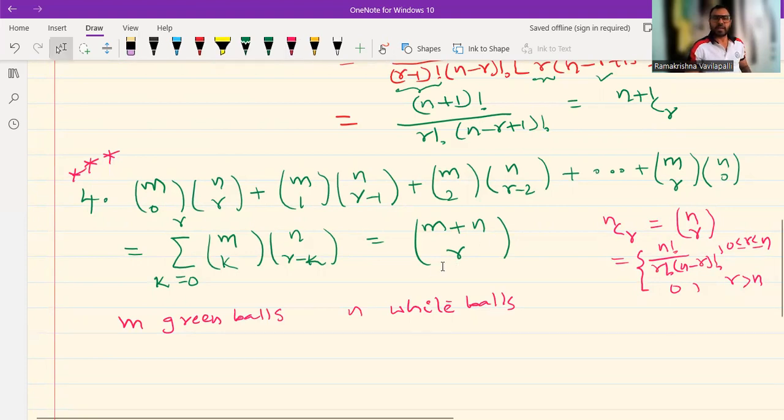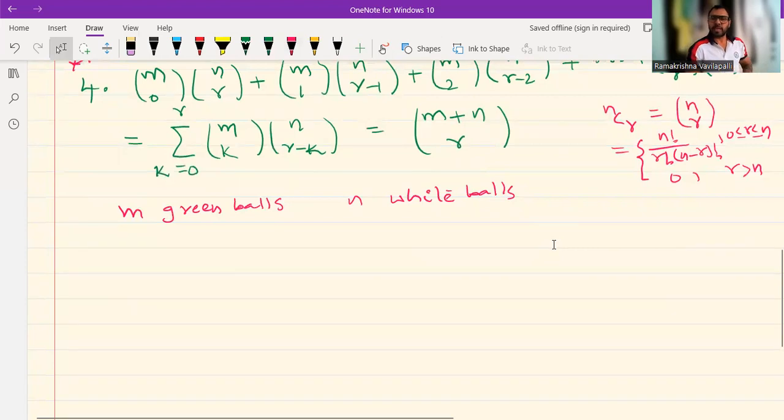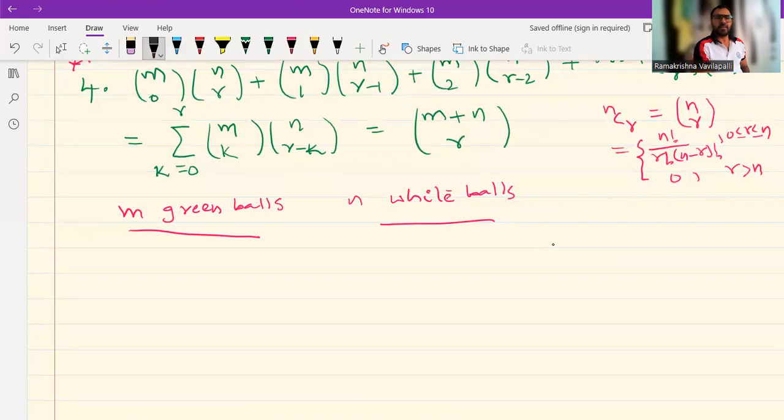So there are m green balls and n white balls, and we would like to select r balls. When we are selecting r balls, you may select 0 green balls and r white balls. This can be done in mC0 into nCr ways.